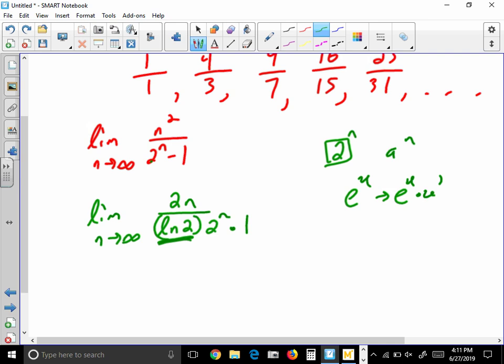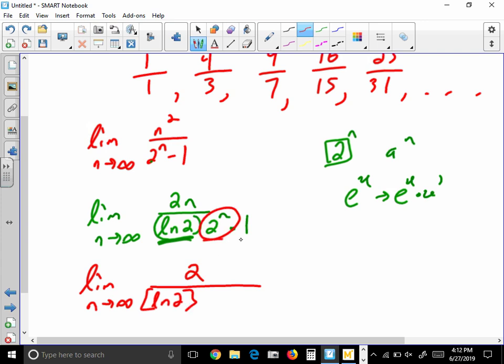Isn't that still indeterminate? If we plug infinity in now, we get infinity on top, infinity on bottom. So guess what we need to do? Do it again. So if we take the derivative of the top this time, we get 2. Let's see, we have a natural log 2 on bottom already. And if we take the derivative of 2 to the n again, the derivative of 2 to the n is 2 to the n times the derivative of the exponent times natural log of the base.